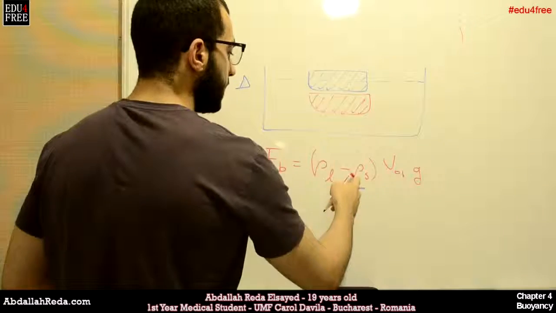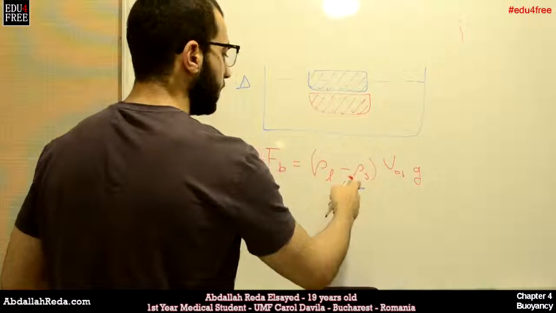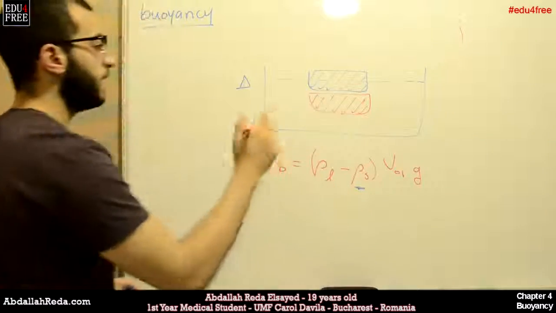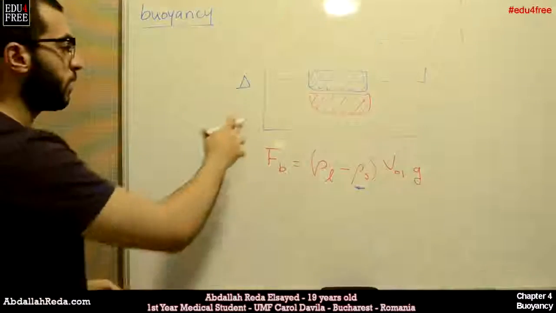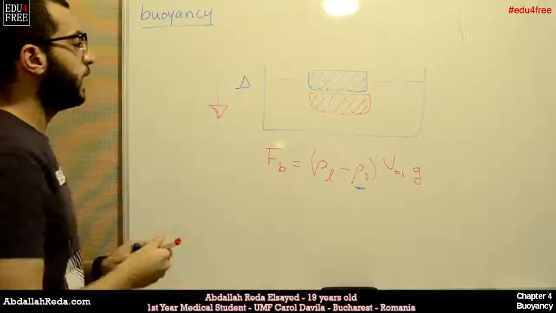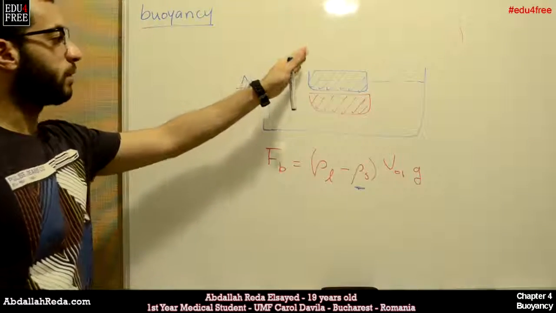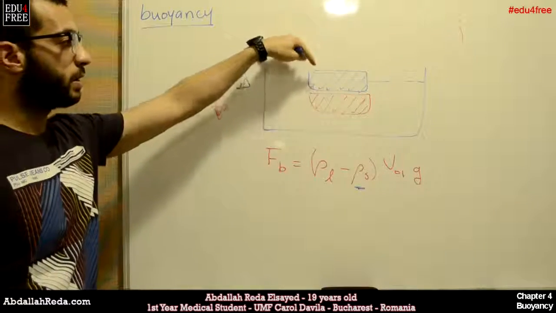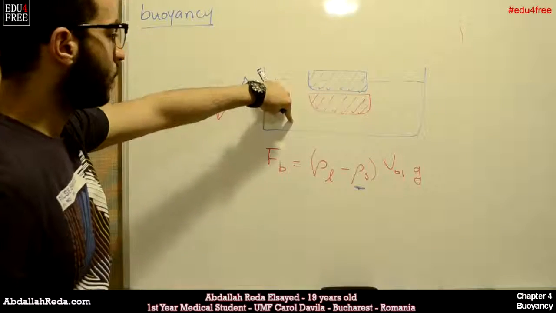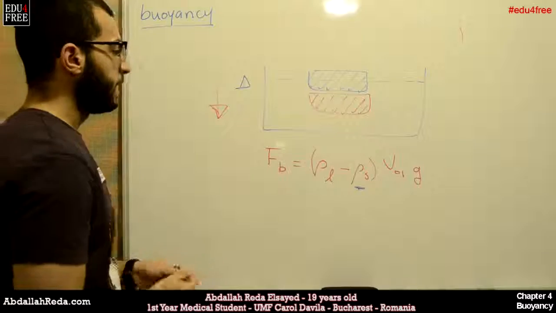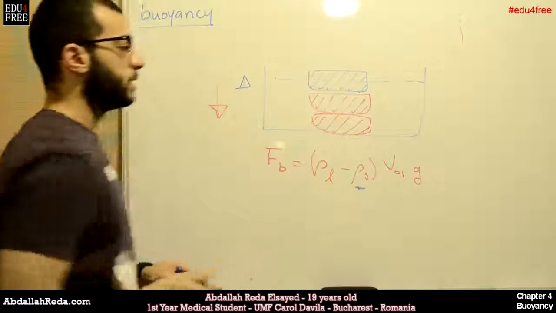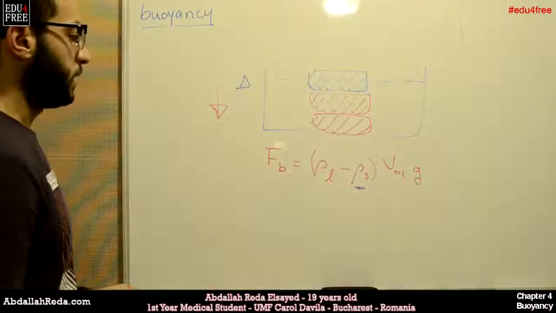If the density of the object is higher than the density of the liquid, we'll get a negative value, and the action will not be in favor of the reaction of the liquid, and on the other hand, it will be in favor of the action of the object itself being thrown into the liquid, so it will continue going downwards and it will sink. This is how we calculate buoyancy.